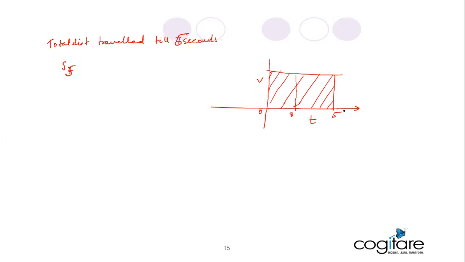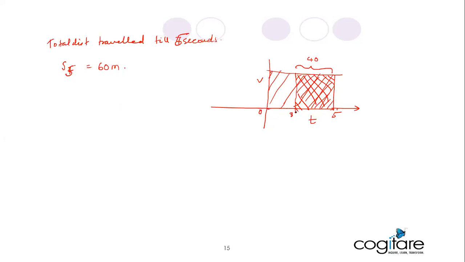Very good. Next, boss, I want only from 3 to 5, I want only this area. How to do it? This is the area that I want, but what I got is from here to here. Let's say when I calculated, I got 60 meters. So we'll have to subtract the initial area.